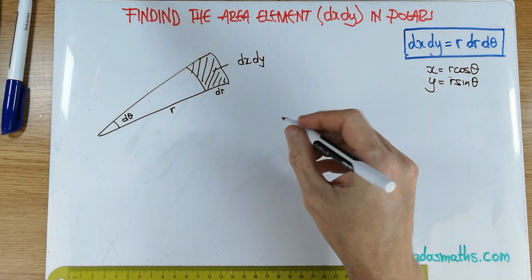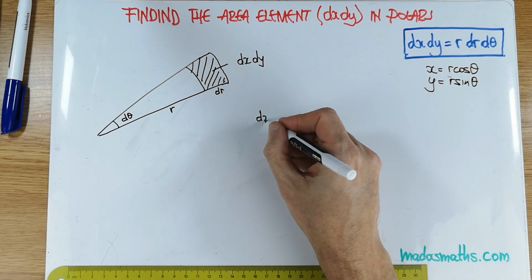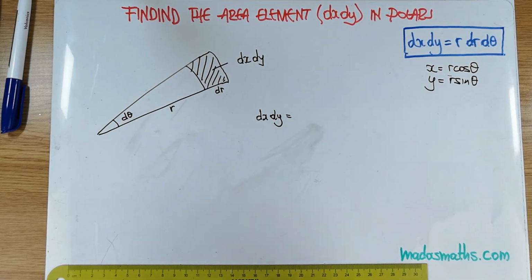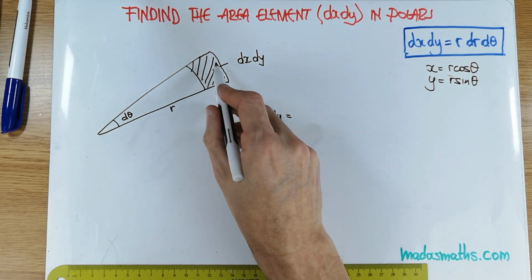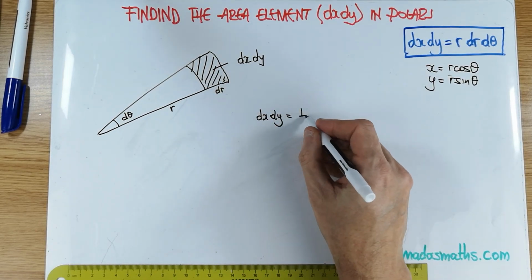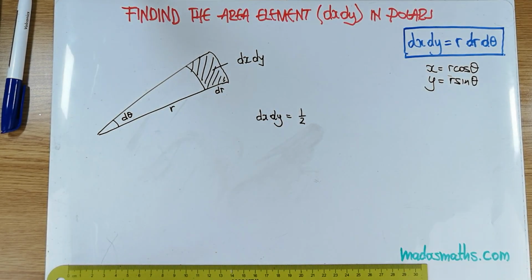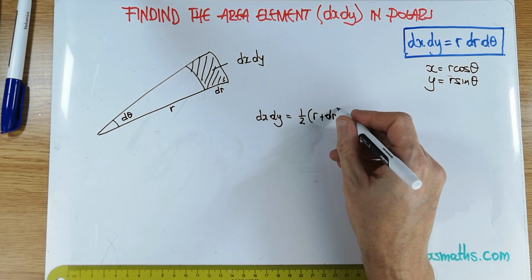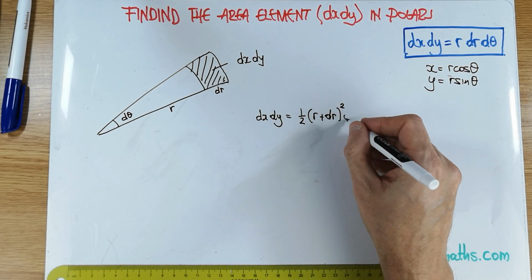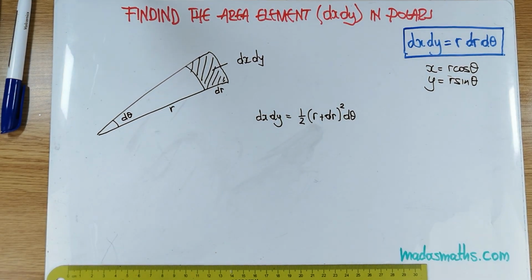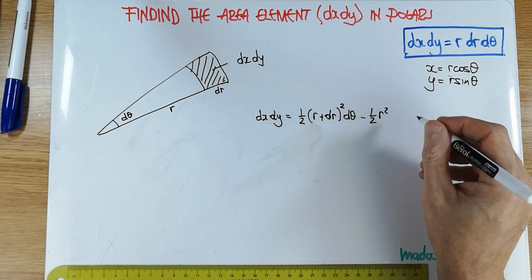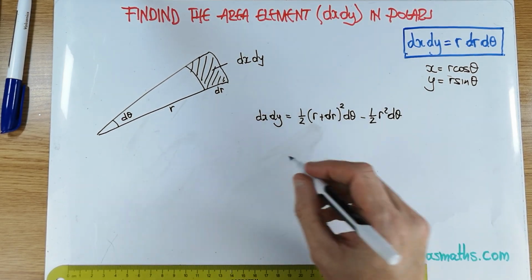So I'm just going to say here my dx dy is equal to the area of this sector, which is a half r plus dr all squared multiplied by d theta, minus a half r squared d theta.